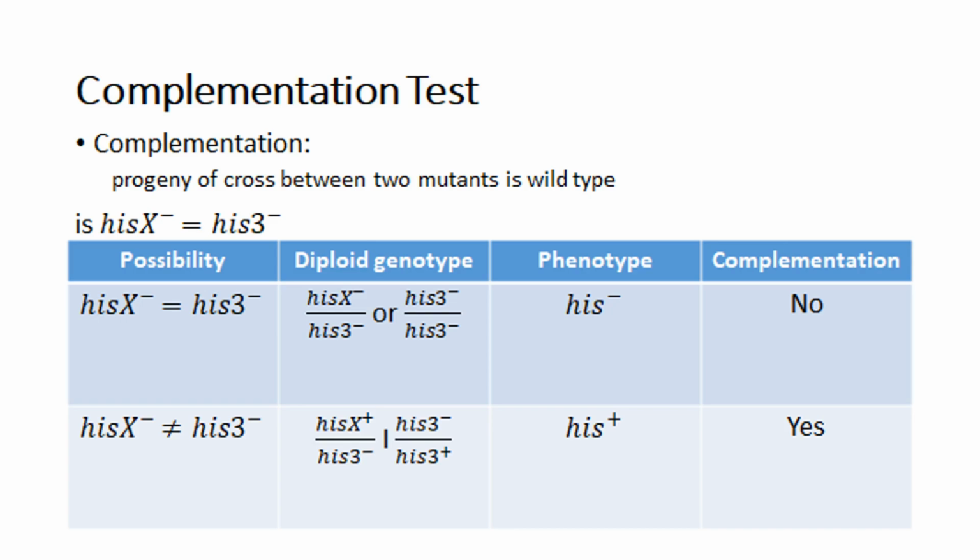That means if we cross two mutant organisms and the result is wild type, we have complementation.